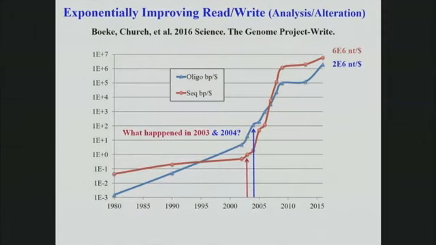In various forms, this kind of plot is seen again and again at meetings like this, usually just the reading line, which is the red line, for reading human genomes. But the blue line is for writing DNA, both in units of nucleotides per dollar. And many people are shocked that the writing curve is so close.